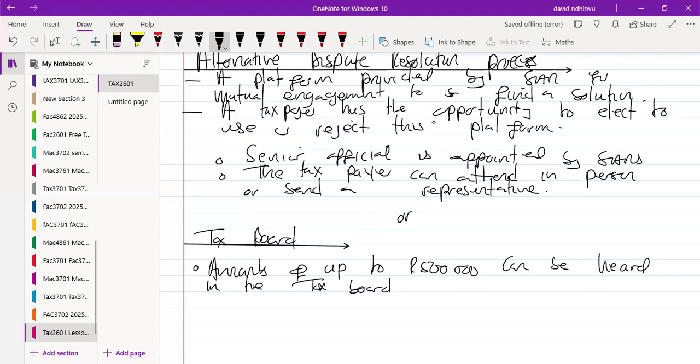If the figure exceeds this amount, it is beyond the mandate of the tax board. It will go to the next court. It will not go to the tax board.